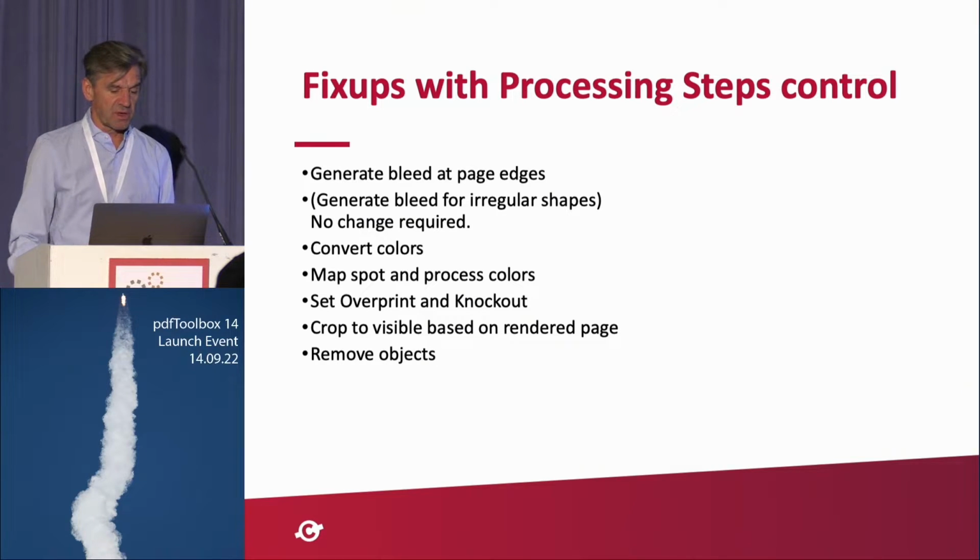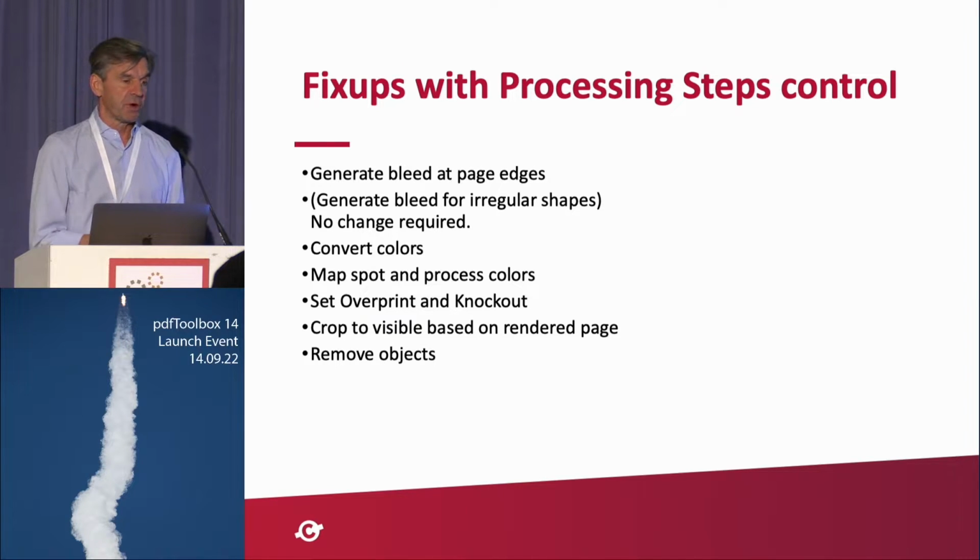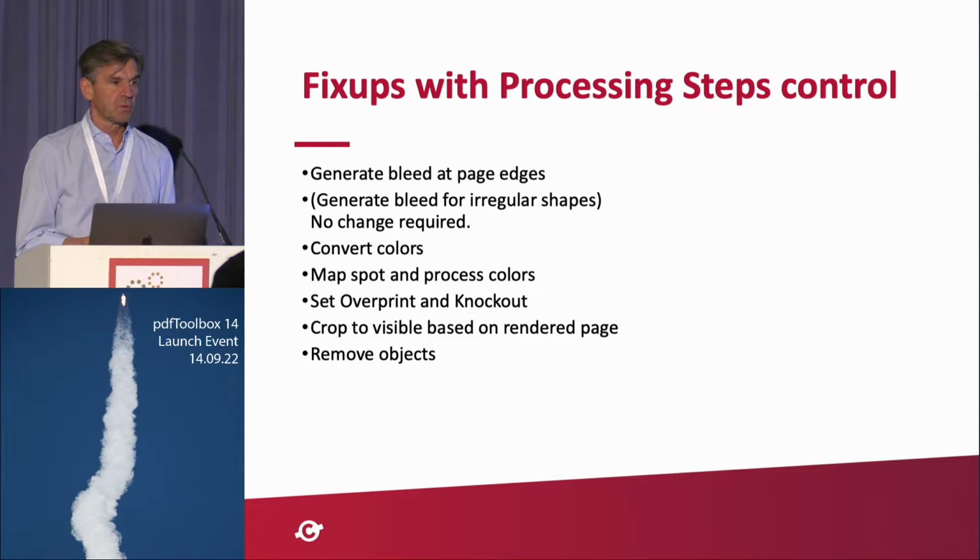And this is the list of Fixups where this pop-up is available: generating bleed at page edges, and more importantly for processing steps for irregular shapes, although because it's so important there, that already was somehow possible in the Fixup settings itself. For converting colors, of course, quite often you wouldn't want to convert the Dieline color, for instance, while you would want to convert all the real colors on a page.